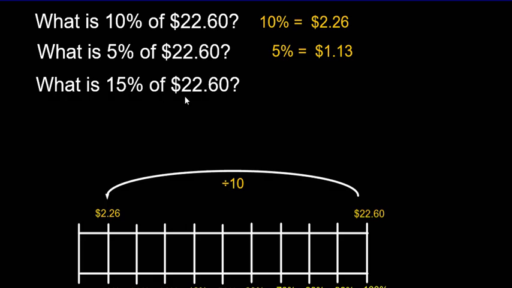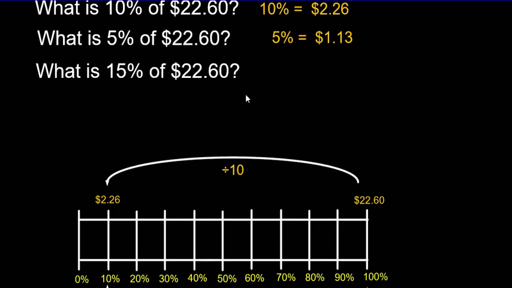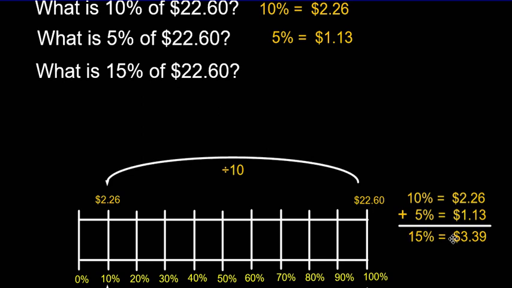What is 15%? Okay, so again, we know 10%, we know 5%. How could we find 15%? That's right, we add those two values together. So we're going to add our 10% and 5% and their corresponding values to get a new 15% is equal to $3.39.